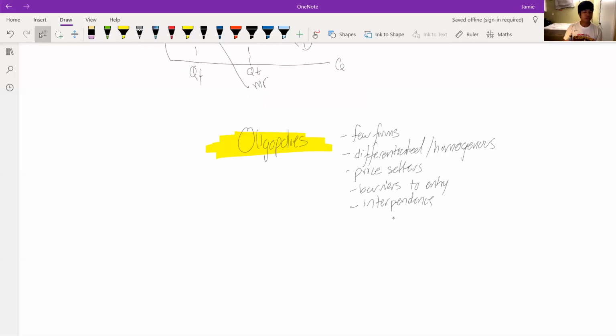The reason being is because there are 2 to 6 firms, each move that a firm decides to do will impact the other firms' profit or market share. For example, Bell, Rogers, Telus, Fido.